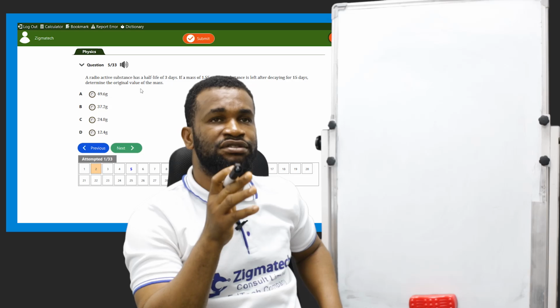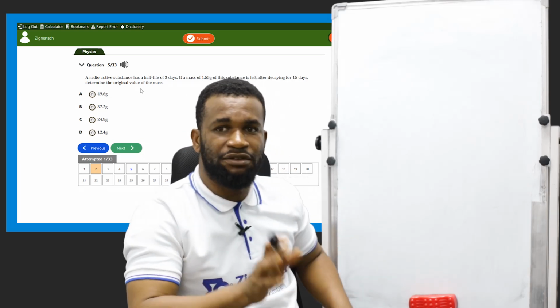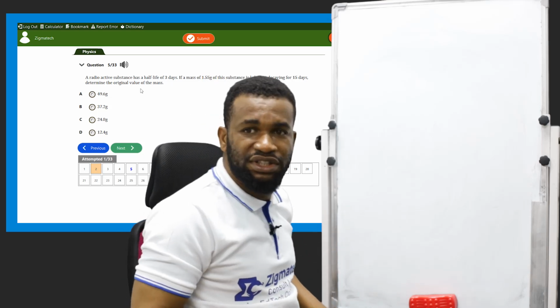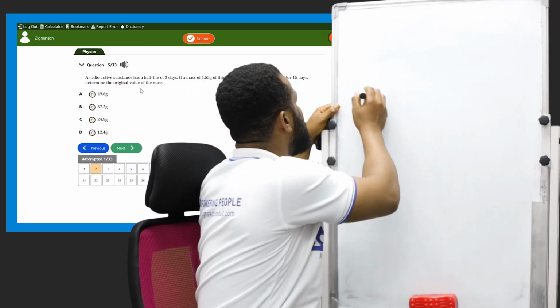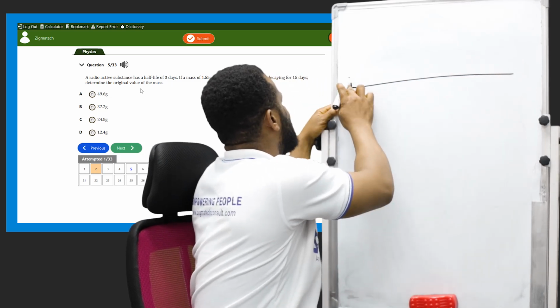Probably when I'll be doing radioactivity part 3, I'll be using most of this activity formula in my problem solving. But let's do it this way. Let me use it as a scale. Maybe somebody will understand this better.